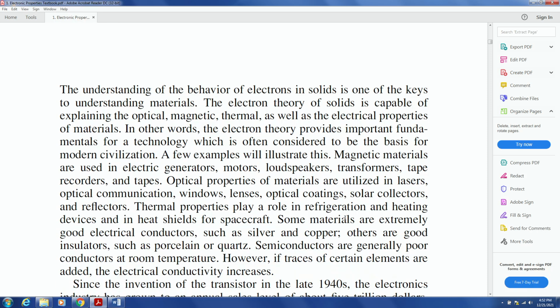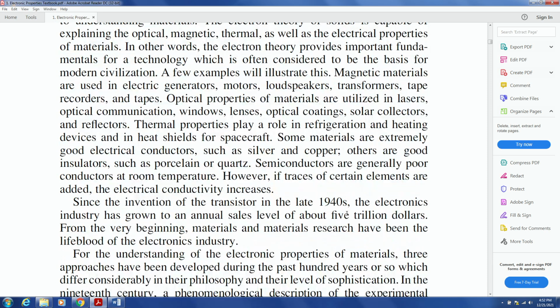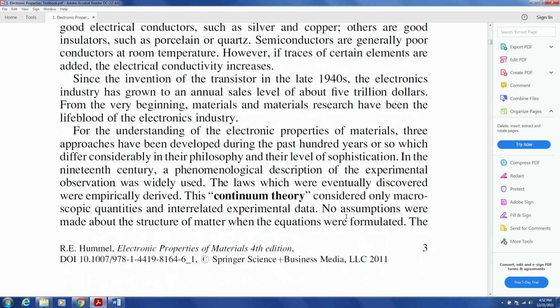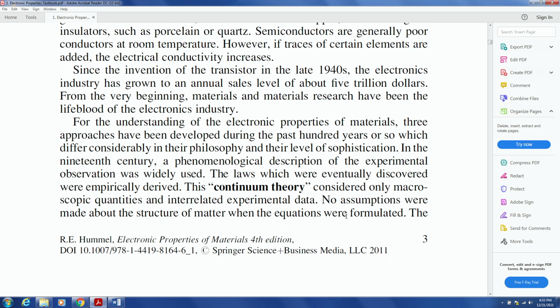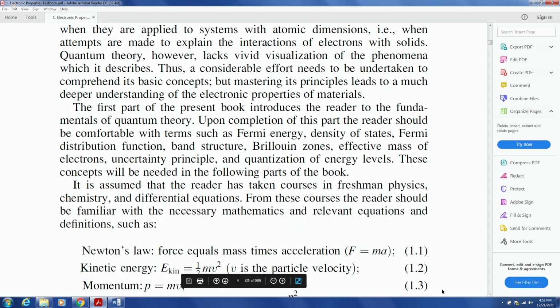It talks about the different thermal properties and so on, the invention of the transistor, and so forth. So we'll go on down through that. And by the way, you see at the bottom a reference for this book. He's going to talk about classical electrons and quantum theory in the book. We will do the same.